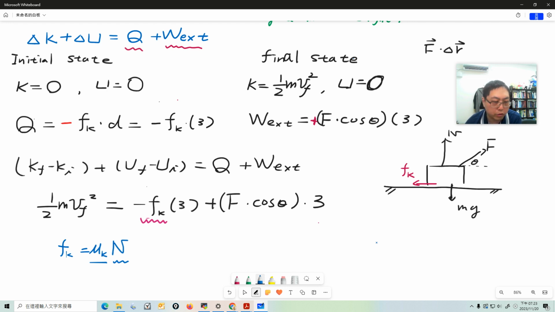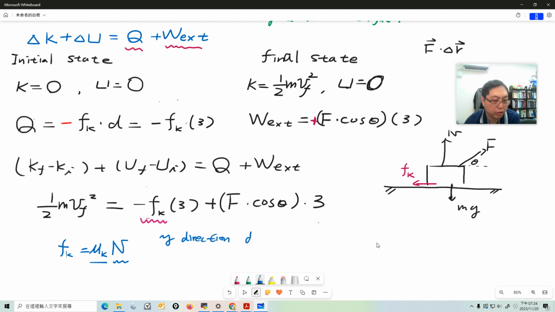For the normal force we have to do the force analysis, because this object is moving along the x direction. The object doesn't move in the y direction. It only moves in the x direction. So in this system, the y direction does not have an acceleration.